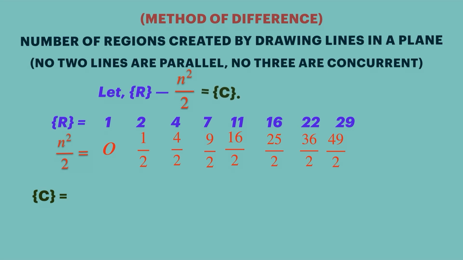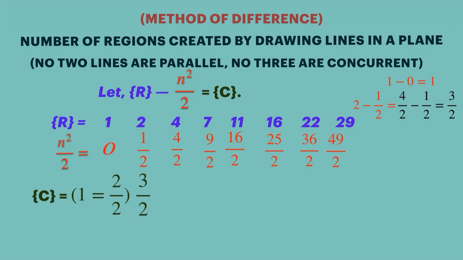So we subtract the elements of n square by 2 from the elements of the sequence R. Now 1 minus 0 equals 1, which can be written as 2 by 2. Then 2 minus half, that is 4 by 2 minus 1 by 2, equals 3 by 2.